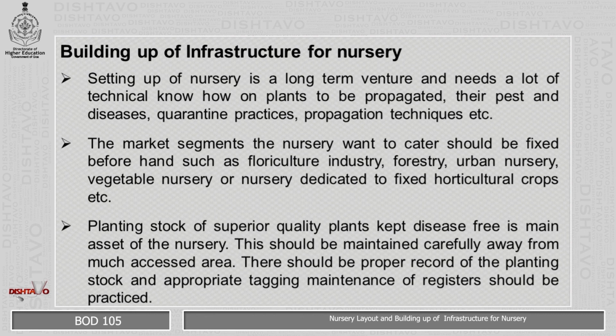So the stock plants should be maintained carefully, away from much accessed areas, so as to keep them disease free and prevent them from getting lost. There should be a proper record of the planting stock, and appropriate tagging and a maintenance register should be kept.